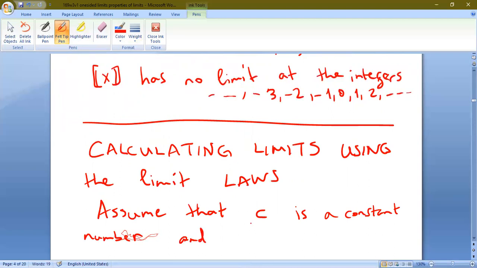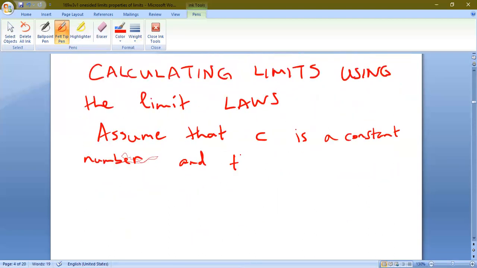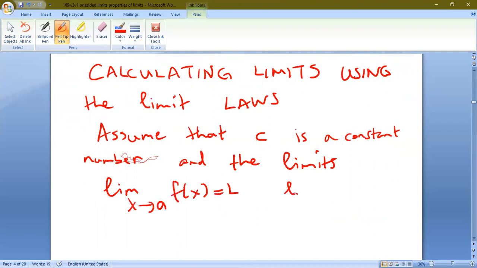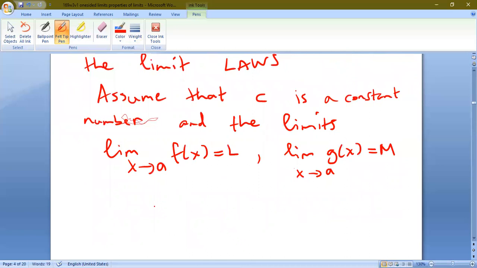And then we also know that the limit as x goes to a of f is, let's say, L, and the limit of g as x goes to a is, let's say, m, where L and m are finite numbers that exist. That means L and m are finite real numbers.